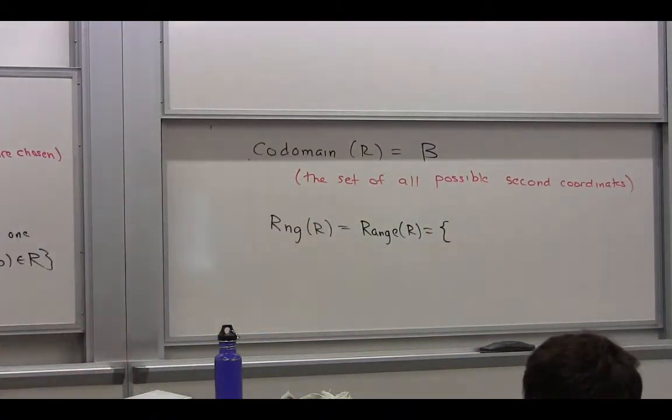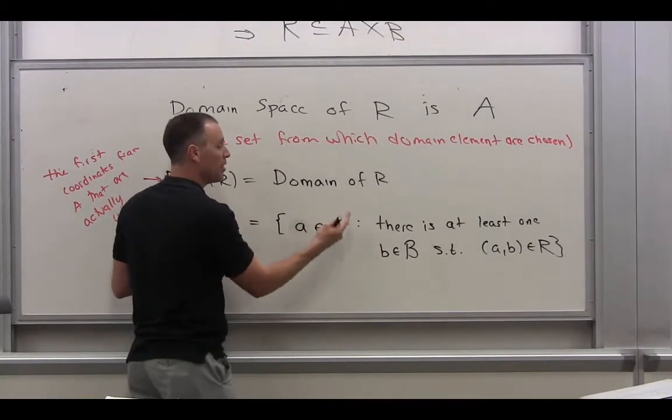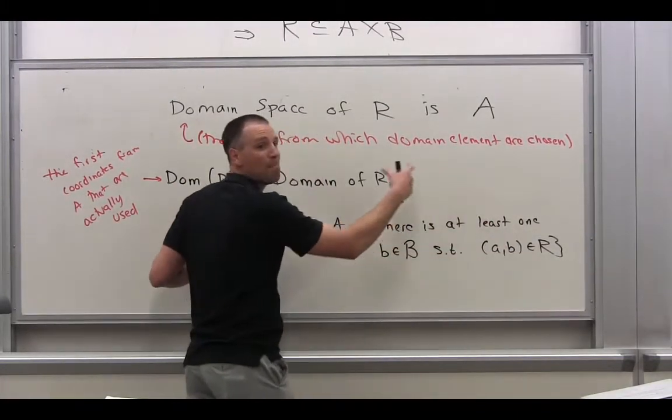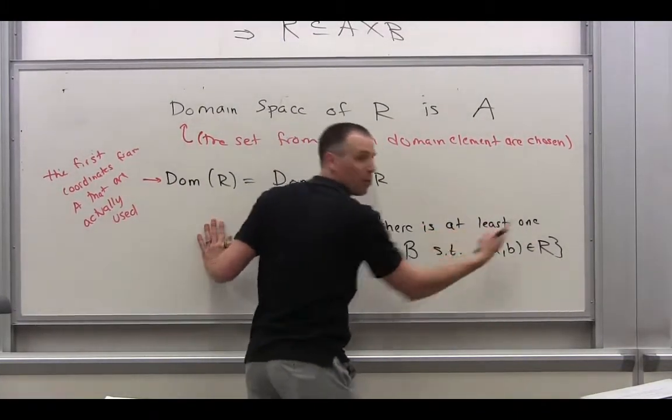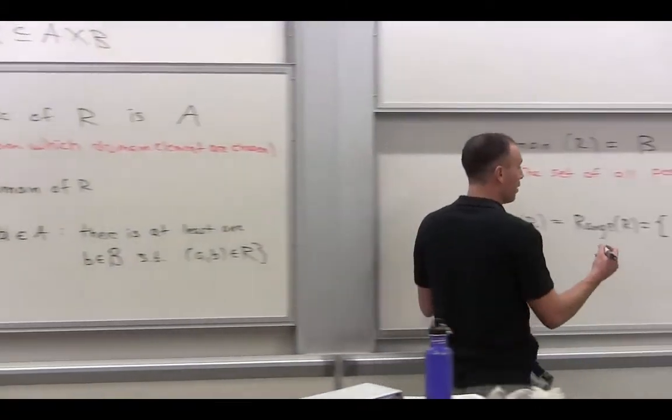How did we define the domain elements that were actually used? The set of all things in the domain space such that there's at least one thing in the codomain that gets mapped to that element in the relation. So what's the corresponding set theoretic definition of the range?